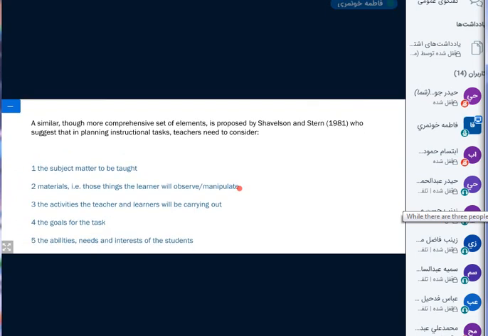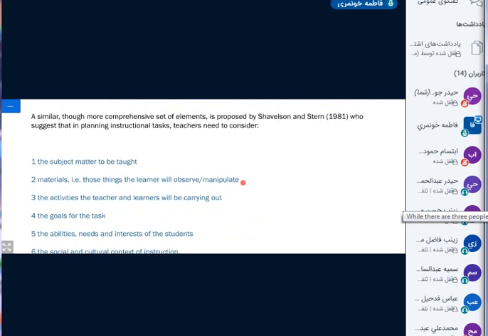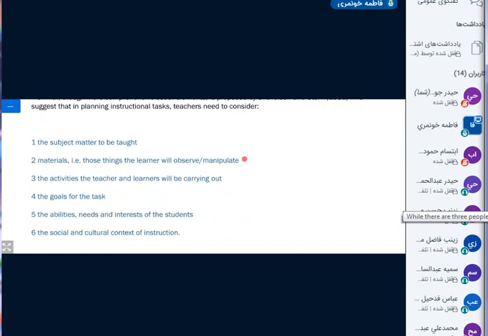And yeah, these are some more comprehensive set of elements which are proposed by Charlson and Stern, who suggest that in planning instructional tasks, teachers need to consider these things.